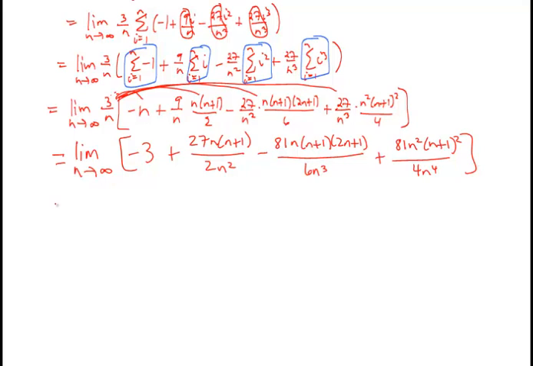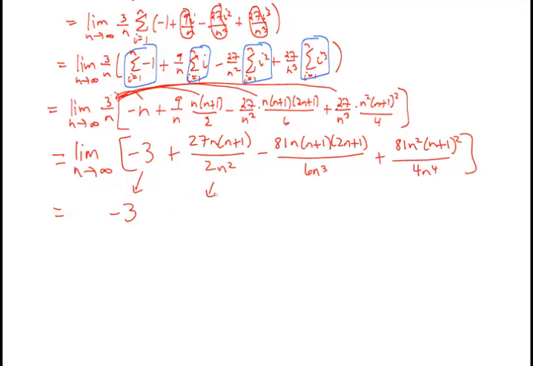Okay, so now we're going to actually take our limits here. If we take the limit of a constant, which is what this first term here is, we just get that constant right back again. So this first term just stays negative 3. In the second fraction here, remember that when you take limits going to infinity, what you're looking at is what dominates on the top over what dominates on the bottom.